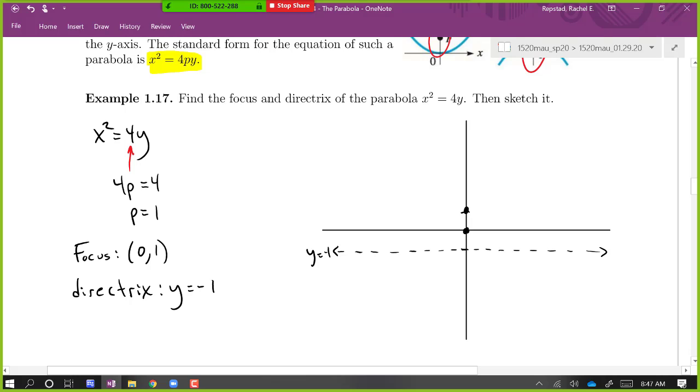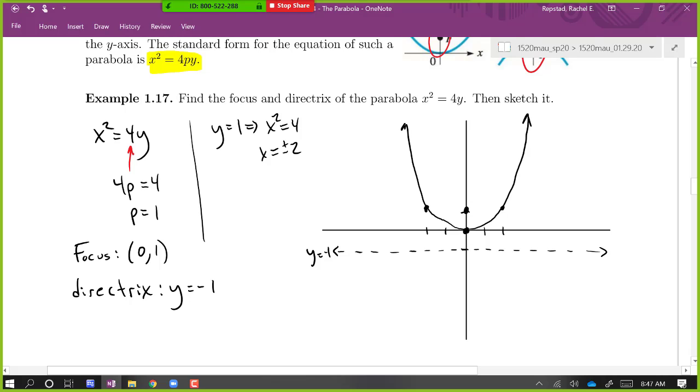And we could get another couple points if we look at, I'm going to go ahead and look at if y is equal to 1, then x squared is equal to 4, and so x is plus or minus 2. So that opens upward.